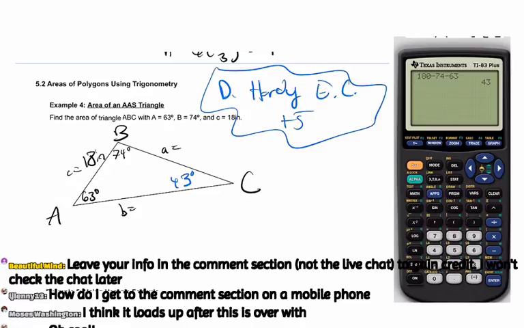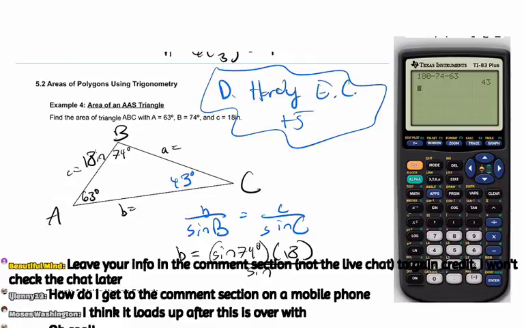If we want B, we can do B over the sine of B should equal C over the sine of C. So side B is the sine of angle B, which is 74 degrees, times C, which is 18 inches, over the sine of angle C, which is 43 degrees.